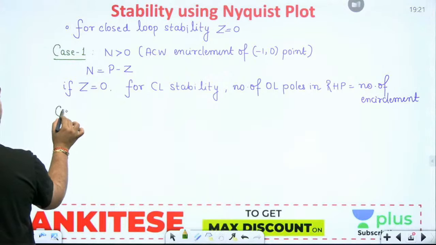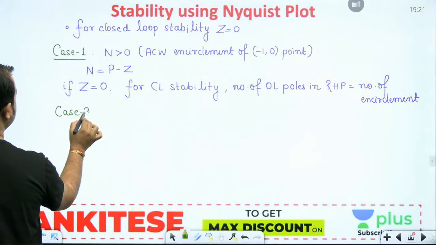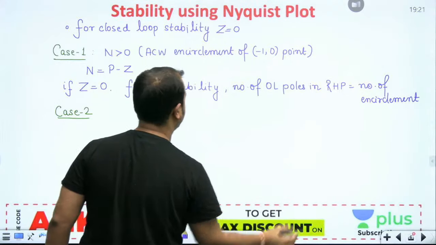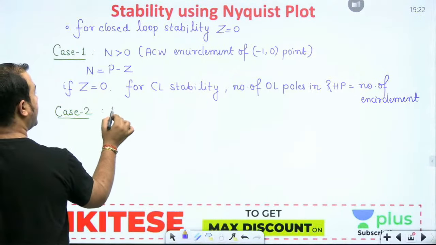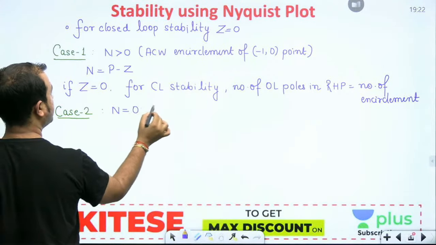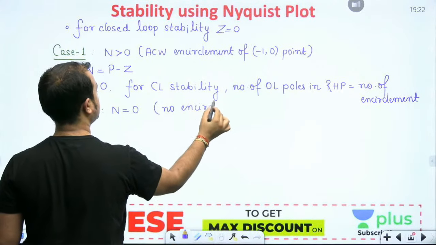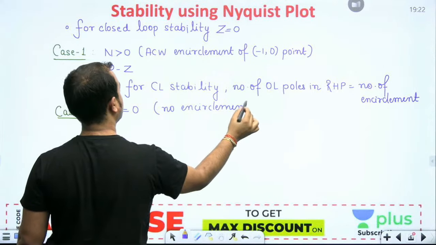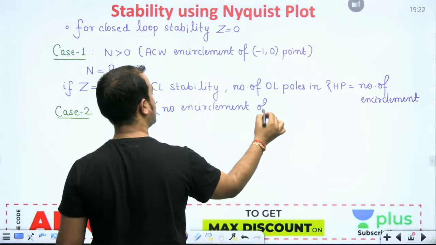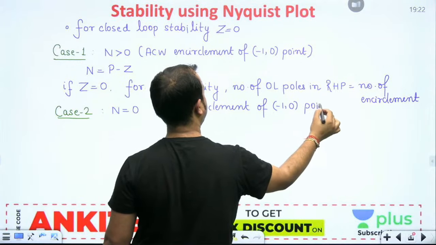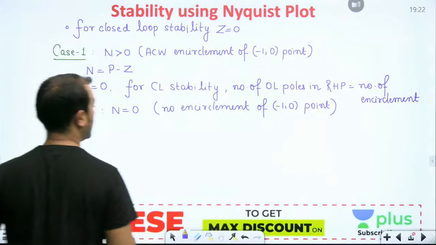Now, case 2. I am telling you the various cases that you may encounter here. N equal to 0, that is, no encirclement of the -1, 0 point.